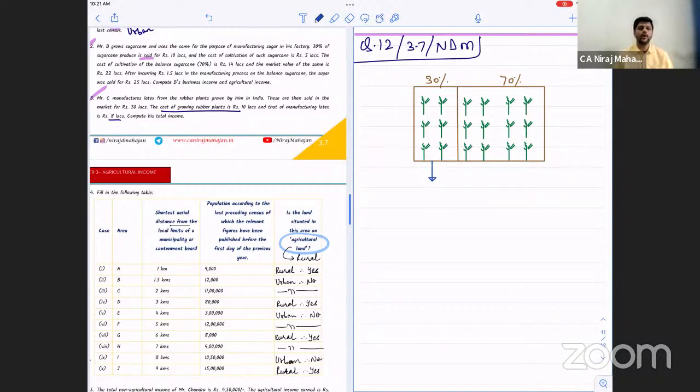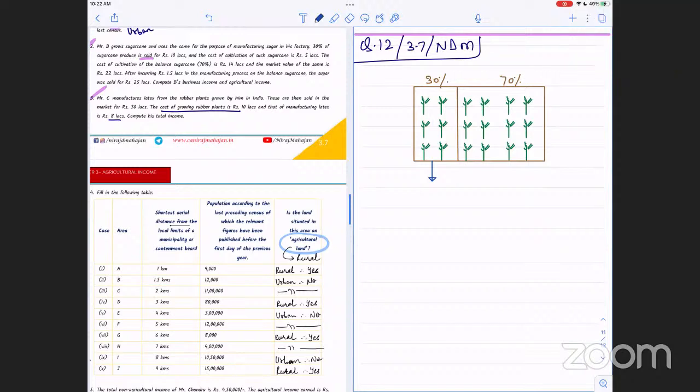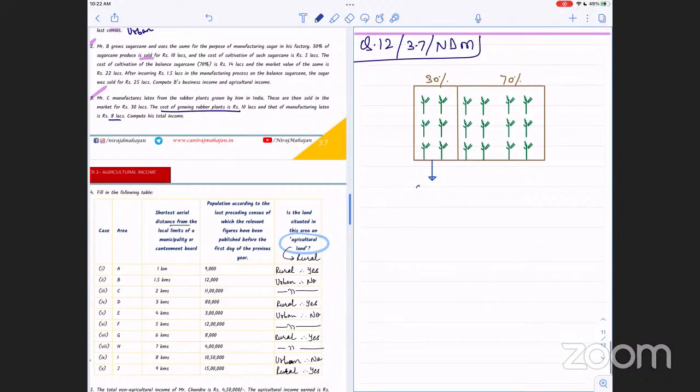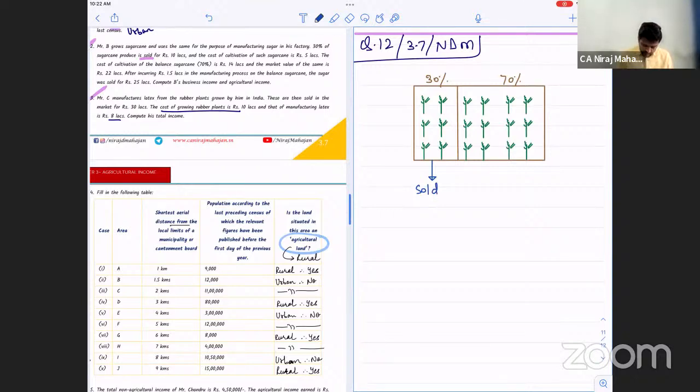Very good, Nitin. What did I do with the 30% of the sugarcane produce? Indrajit: they sell it. Sold. They don't use it for manufacturing, they sell it. So basically sold. This much you understood. And what about the 70%? Used as raw material. Clear till here? Everyone tell me.